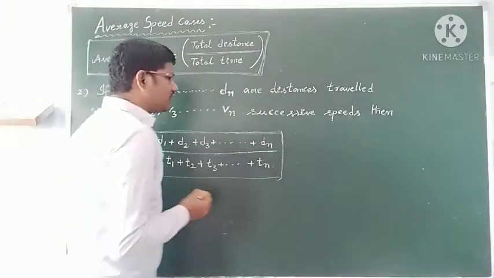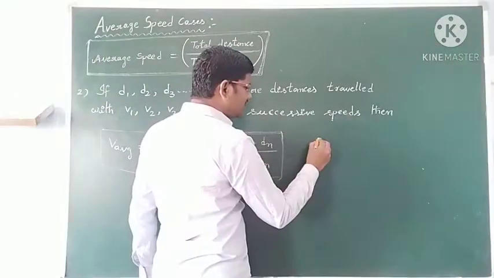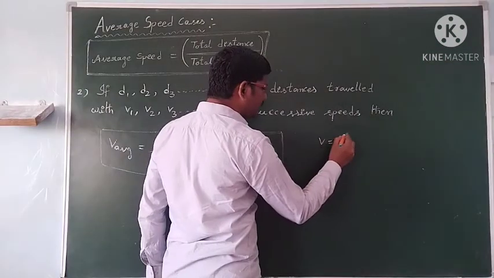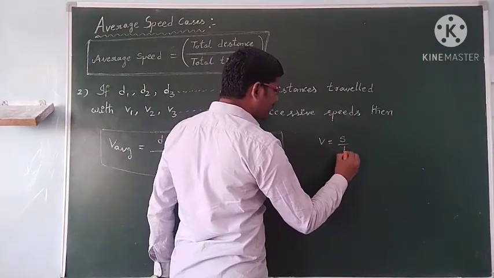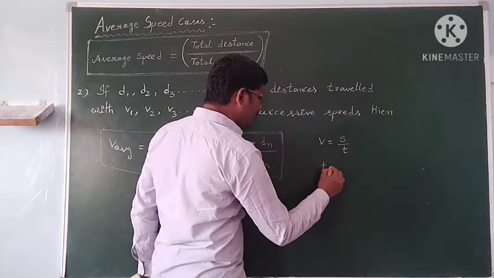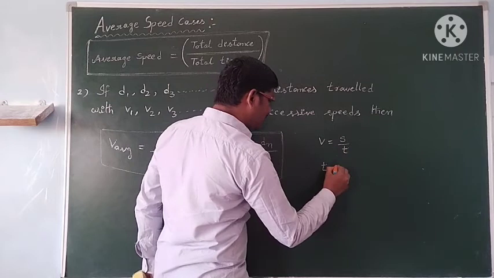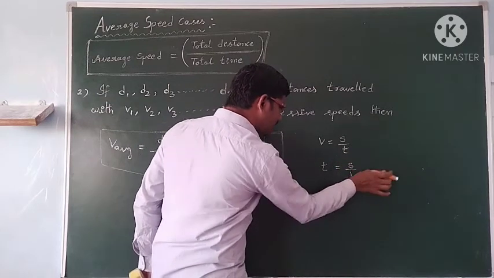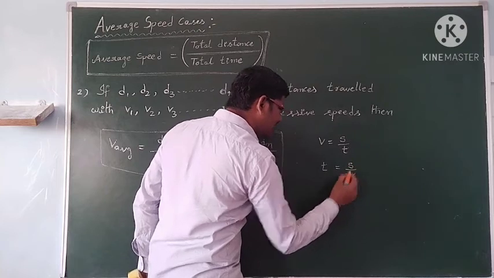Now see students, we know that speed is equal to distance by time. That implies time is equal to distance by speed, so we get t is equal to s by v.